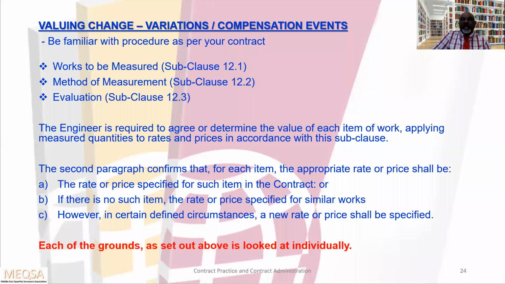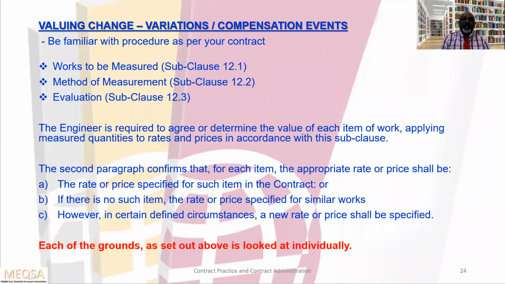Now let us move to the next chapter, valuing change, variation and compensation events. Be familiar with the procedure as per your contract. Okay, let us look at what FIDIC 99 says. Work to be measured, subclause 12.1. Method of measurement, subclause 12.2.